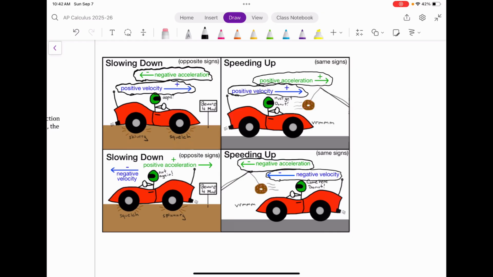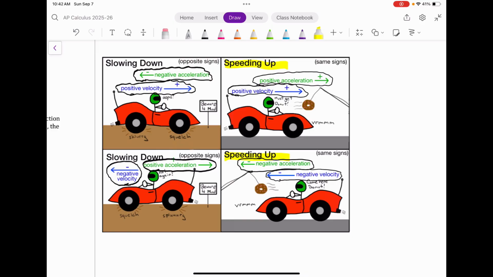Okay? But if you are having a velocity in the left direction, right? But you apply the brakes, so you'd be having a positive acceleration in this case, you'd be slowing down. Okay? So all you need to know is if you're speeding up, that means your acceleration and velocity are both the same sign, positive, or negative.